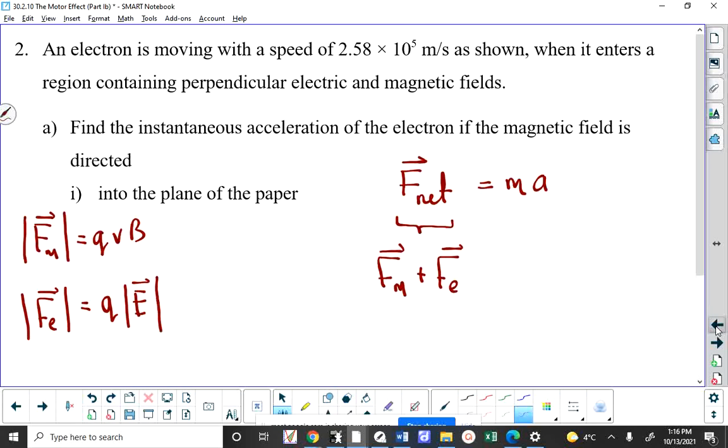So these are the two formulas. To calculate an electric force, you go qE. To calculate a magnetic force, you go qvB. Well, let's just calculate the magnitudes of them. So can you do that for me, please?